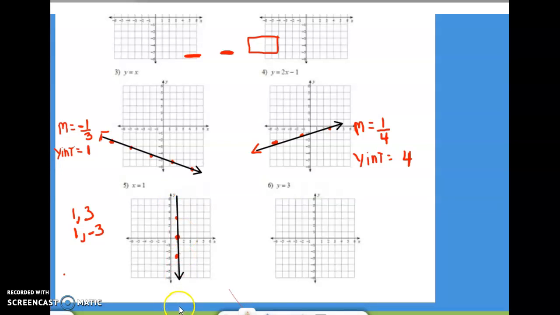Now let's look at its opposite, number 6. Some of you probably already know what that one's going to be. All right, so if it says y is 3, that gives me 1 point, right? Y is 3. And if we use the same concept and give me a couple of ordered pairs here, where y is just 3, the pen's acting a little funny.